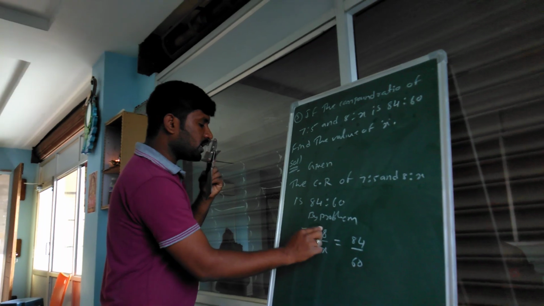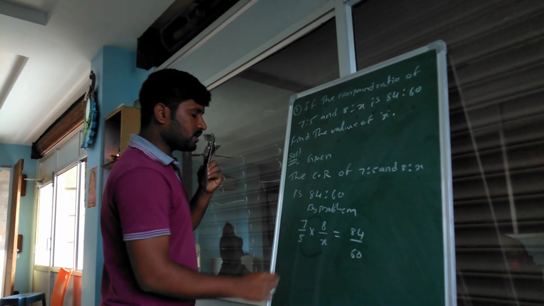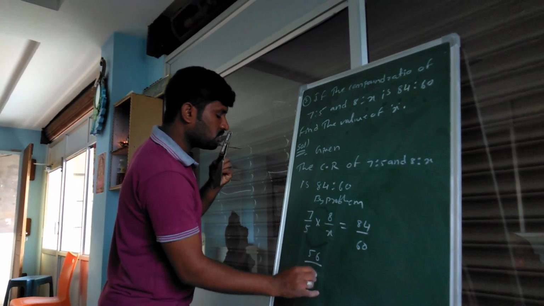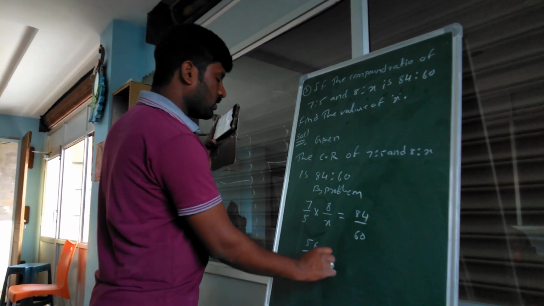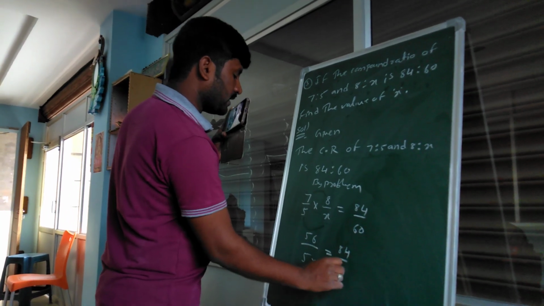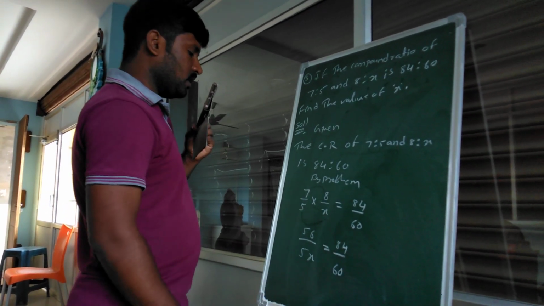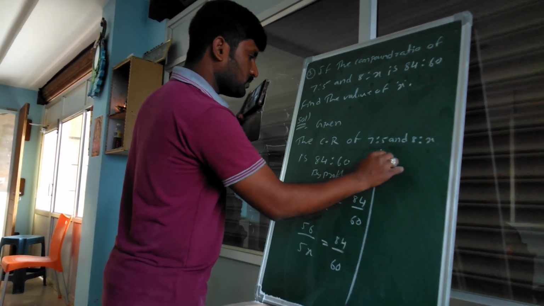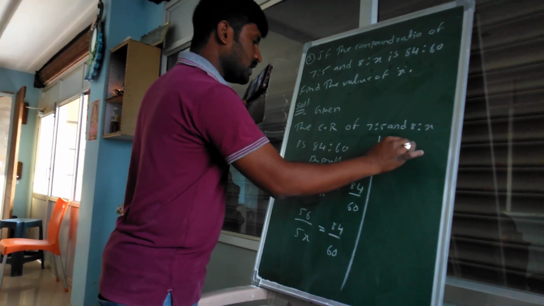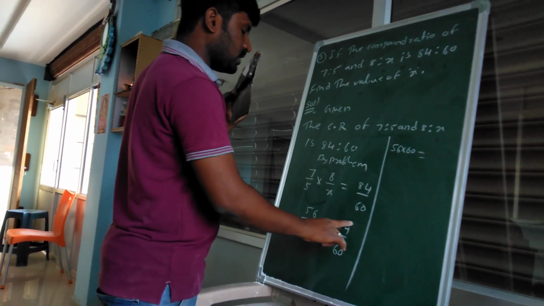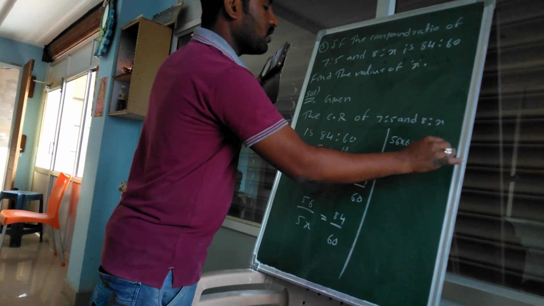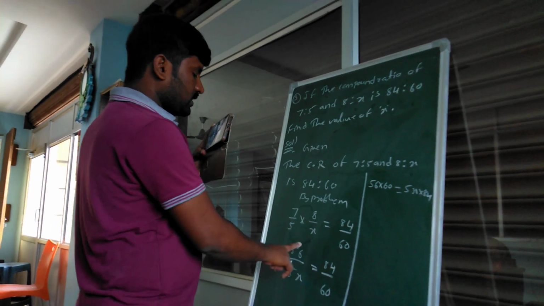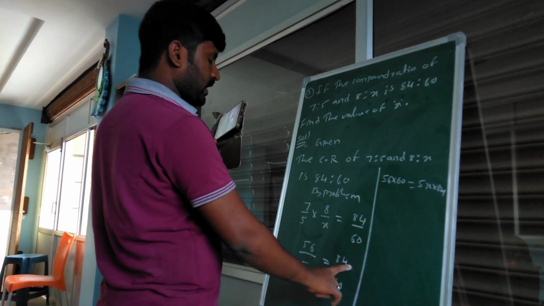Then product of their antecedents, product of their consequents: 8 7s are 56 by 5 into x, 5x, is equal to 84/60. Okay, by doing cross multiplication like this, 56 into 60 is equal to 5x into 84.